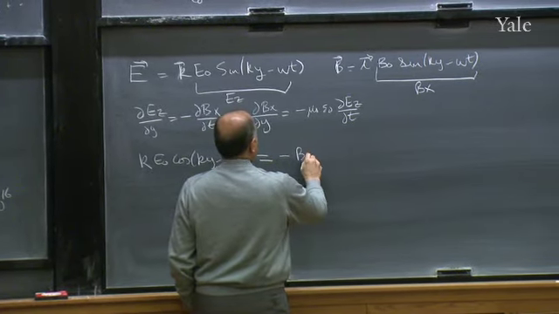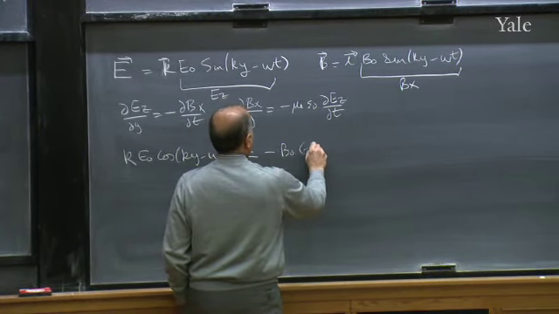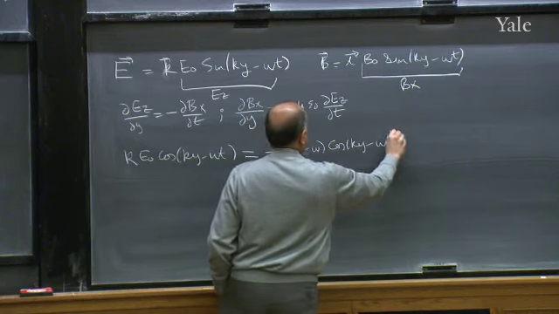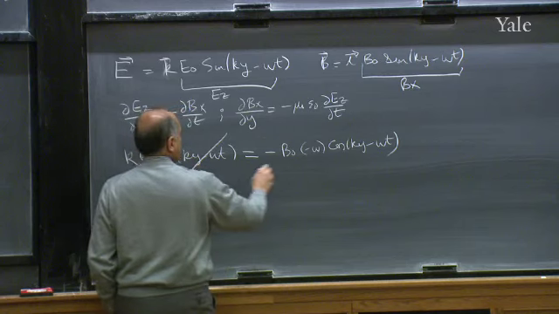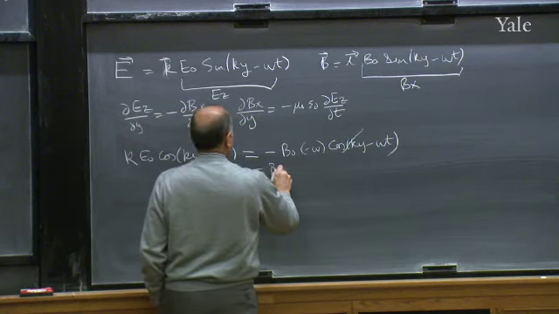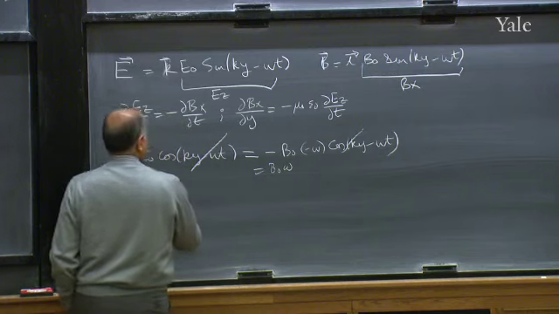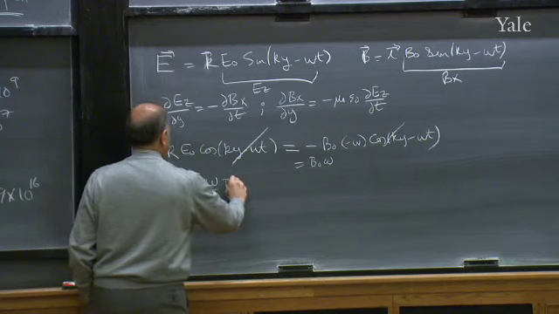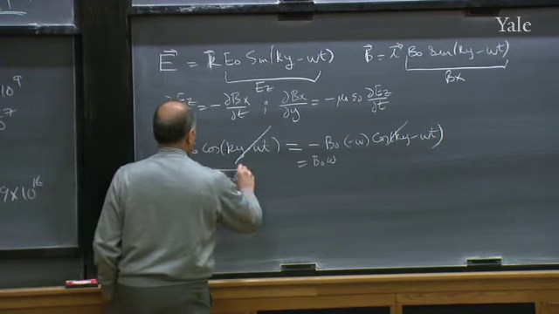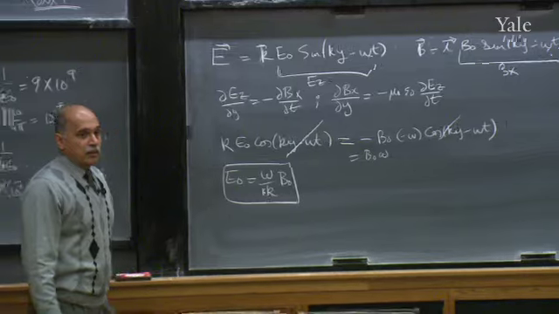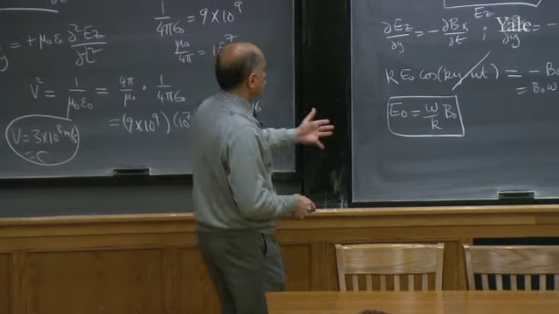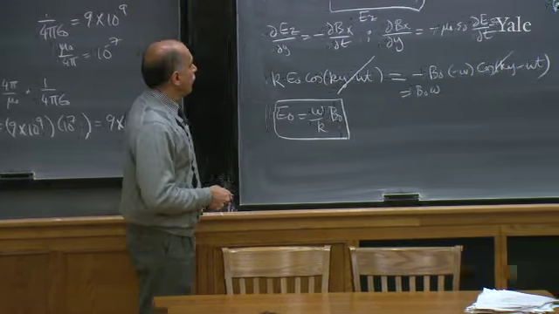D by dt of this guy is B0 times minus omega cosine of ky minus omega t. So these things cancel out, then I get B0 omega. So this tells you that E0 is equal to omega over k times B0. It tells you about the magnitude of the E and B vectors, what size they should bear in relation to each other. This is one condition. I'm almost done.